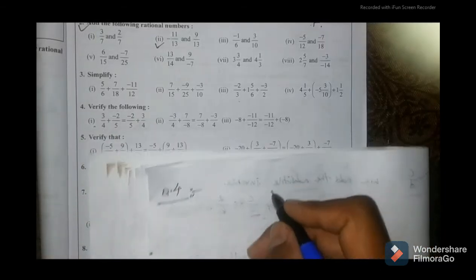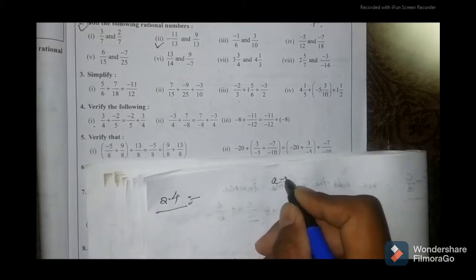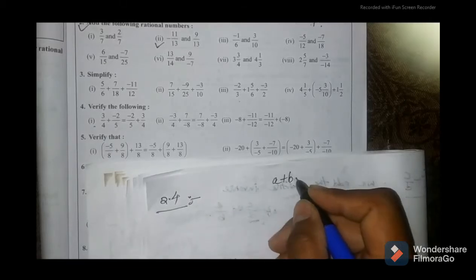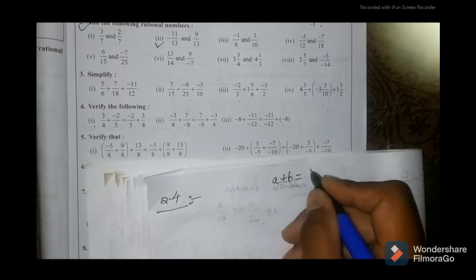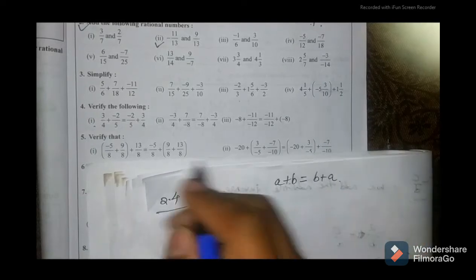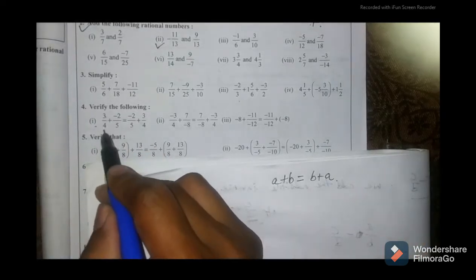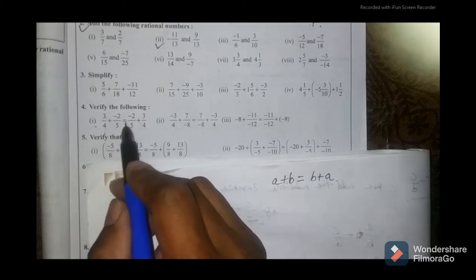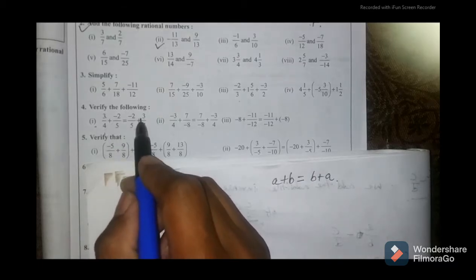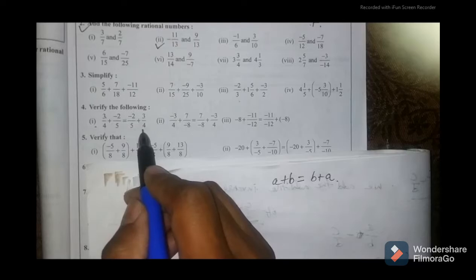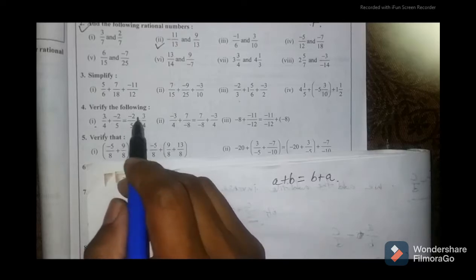What is the commutative property? If a plus b is equal to b plus a. You see here 3 by 4 plus minus 2 by 5 equal to minus 2 by 5 plus 3 by 4. This is the commutative property. You have to verify this.